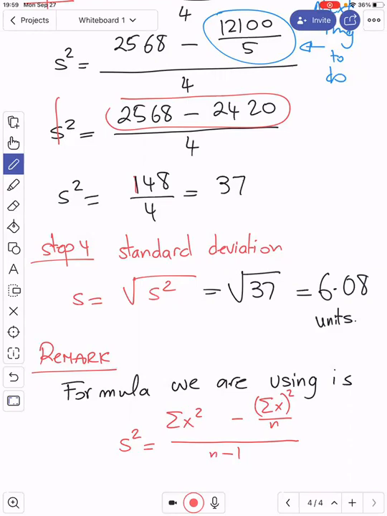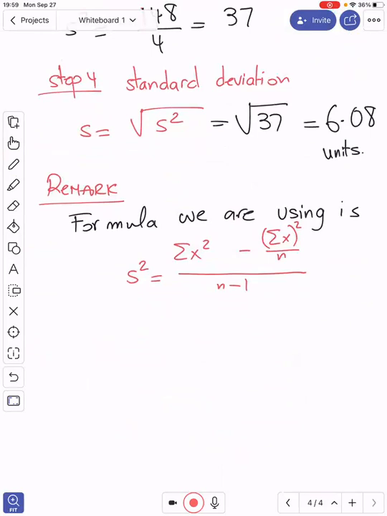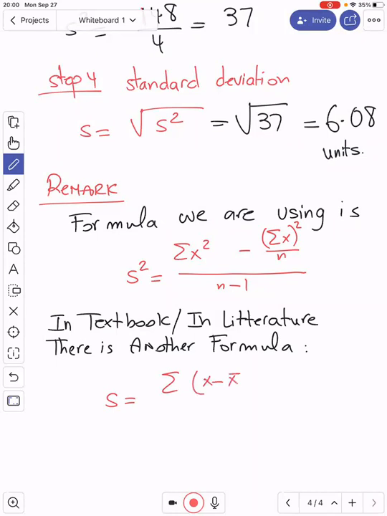Now, in the textbook or in the literature, there is another formula for the variance, which looks different, but they are equal. You can prove that they are equal. It is given by the sum of (X minus X bar) squared, the whole thing over N minus 1.